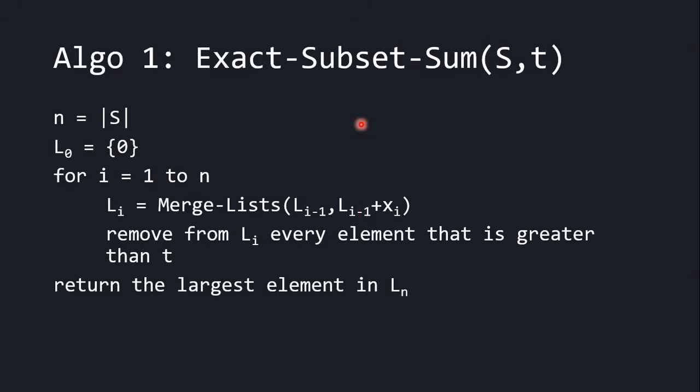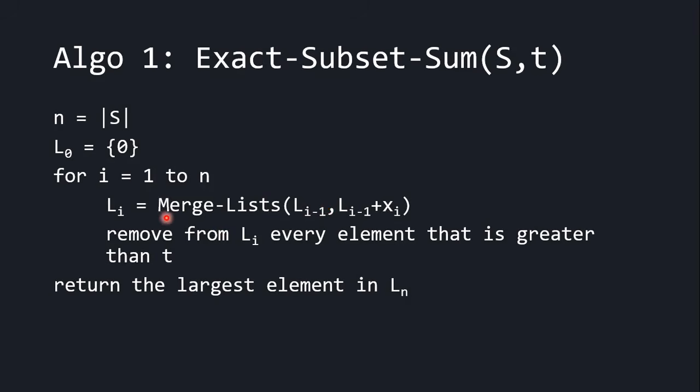Here is the pseudocode. n is the size of array S. Li is the list of all possible sums if only the first i elements were present in the array S. L0 is 0 because the sum of the first 0 elements from the array S will obviously be 0. Now, we iteratively calculate Li for all possible values of i using Li-1.